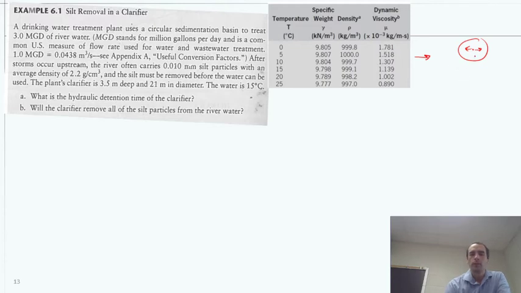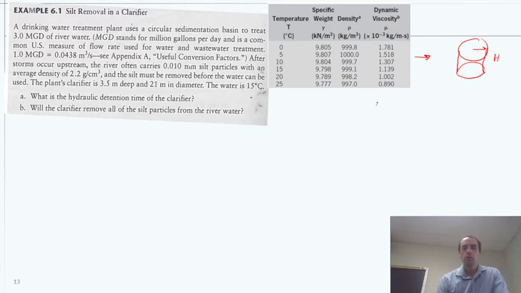So perhaps the best depiction of that would be a cylinder. It probably does not have these dimensions, but we could have a radius or a diameter. We have some depth, or I guess I'll call it height. And we can then know something about our system. Okay, so that's all from the circular sedimentation basin.